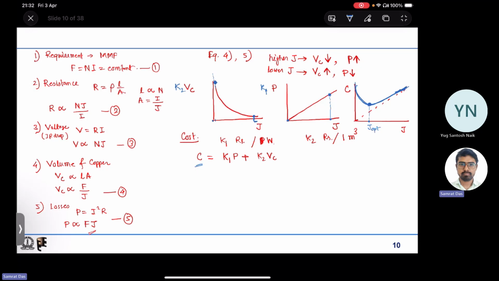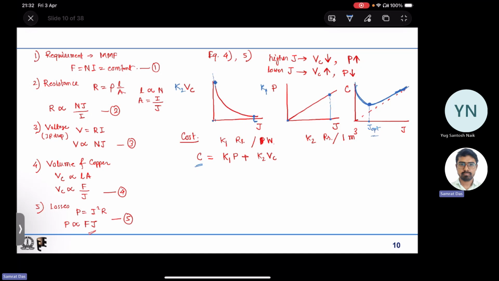That is the optimal value of current density that we should use while designing this machine. So this is just a brief understanding about design.